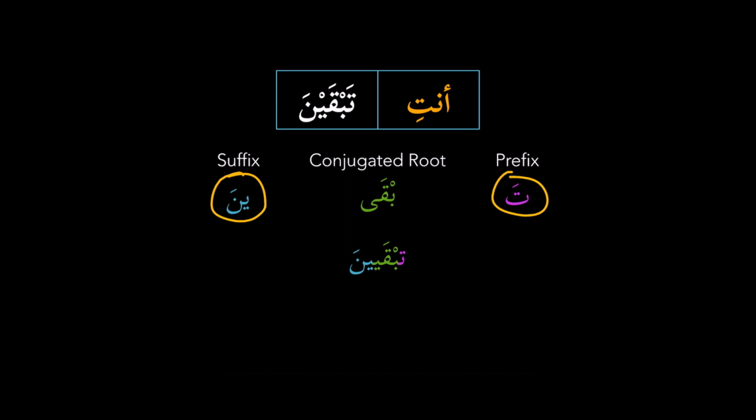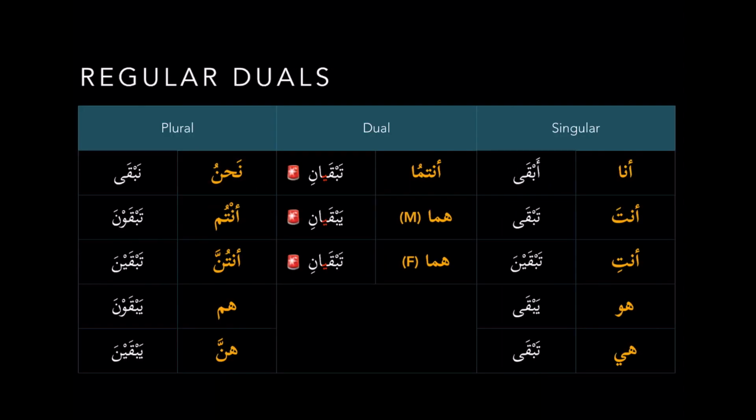Again, this double long vowel is prohibited in Arabic, and because the ya in the root is weak, we drop that. But what ends up happening is we have a diphthong, and so that's why we put a sukoon. We actually mark a sukoon over the ya, and we pronounce this as أنتِ تبقين. The next thing to take into consideration is the duals.